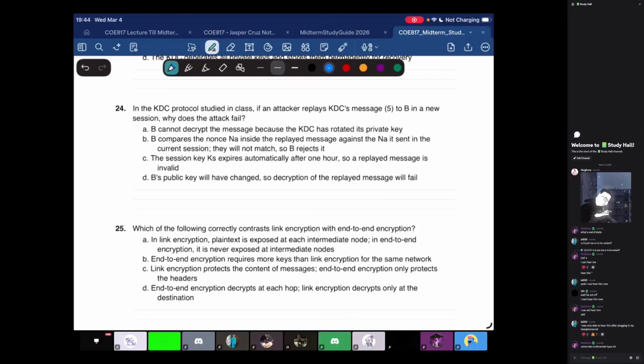It's detected because the nonce of A is fresh per session, and a replayed message carries an old nonce that was produced by A that will not match the current run, which results in this being option B. So B compares the nonce of A inside the replayed message against the nonce of A that was sent in the current session, and since they don't match, B will reject that communication.